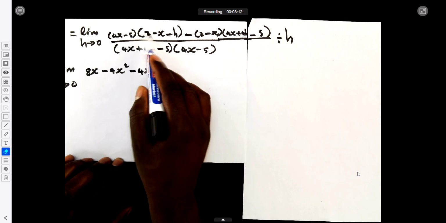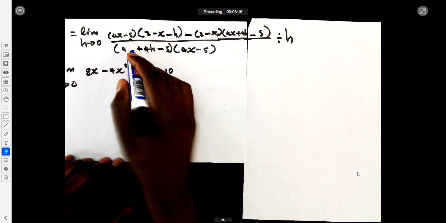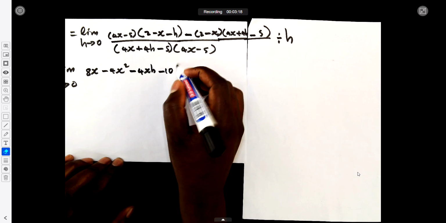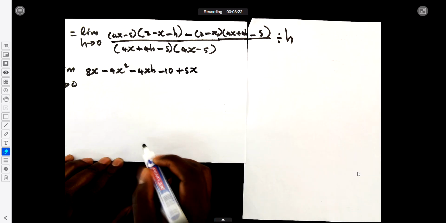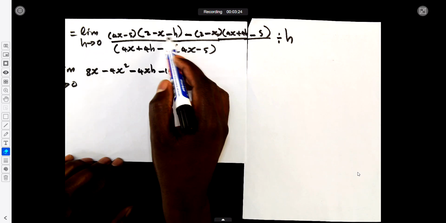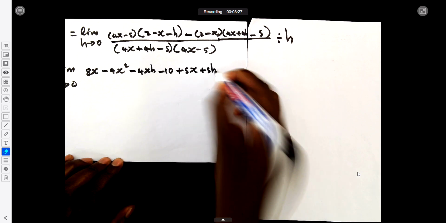Then minus 5 multiplies 2, which is negative 10. Negative 5 times negative x is positive 5x, and negative 5 times negative h is positive 5h.